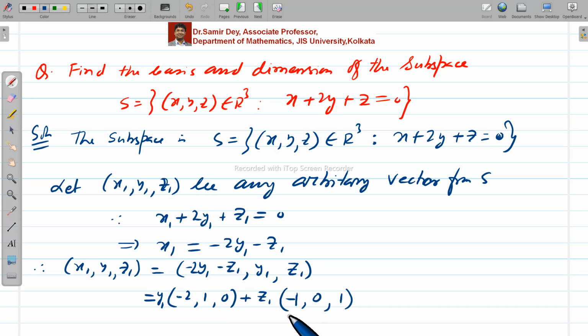So from here it is clear that this arbitrary vector can be expressed as a linear combination of these two vectors, correct? Suppose you have a question: sir, you have considered x1 as something, can I consider y1 or z1? Yes, you can. According to that your vectors will be different. Clear? So now we can come to the next slide.